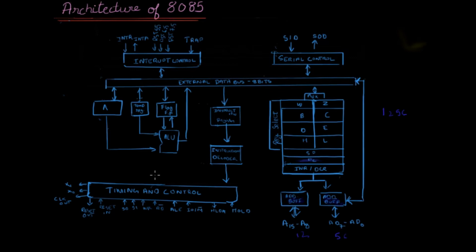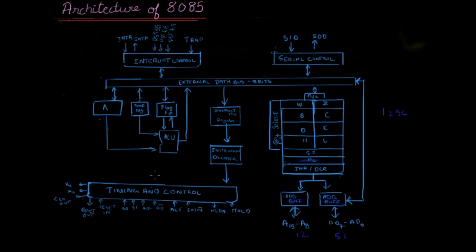So it is just to be understood that a connection is to be drawn from the timing and control to every other component. So this timing and control gets the decoded instruction and sends the different timings at which it has to carry out a particular instruction.